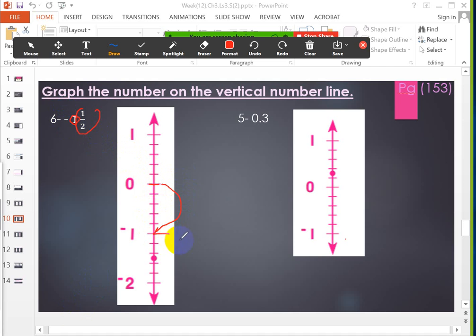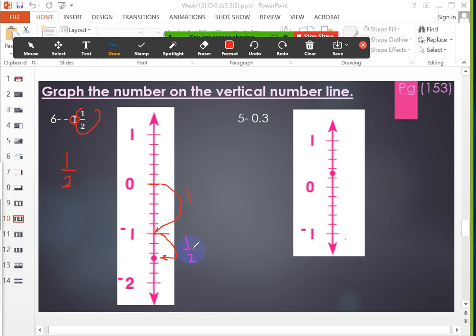From 0 to 1. The second jump, I have 1/2. After negative 1, I have 1/2. 1/2 is a half. Right? That means it will be in the middle between negative 1 and negative 2. In the middle here. So I have to jump to the middle. This is 1/2.